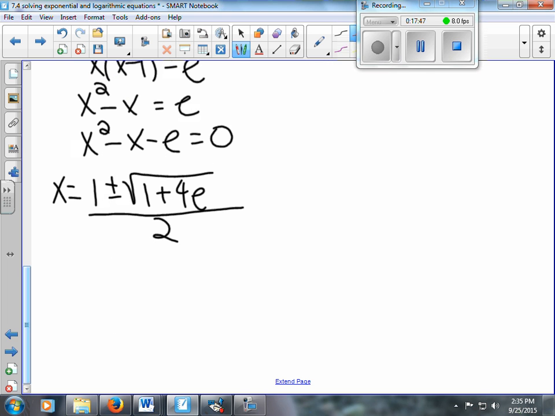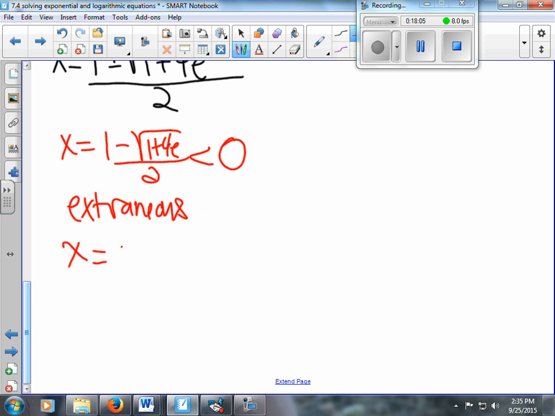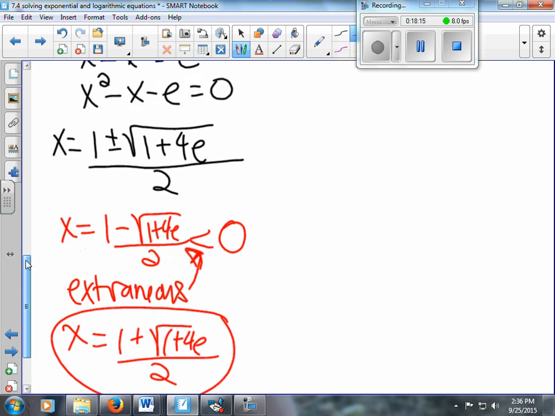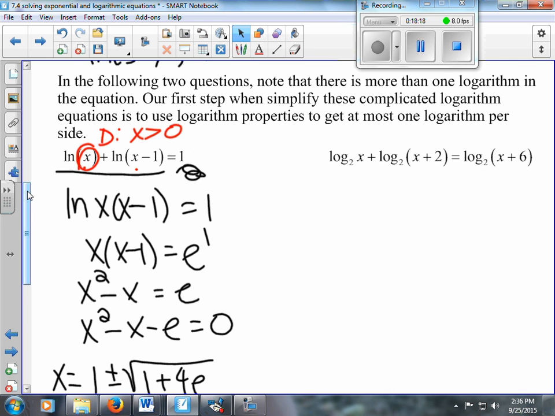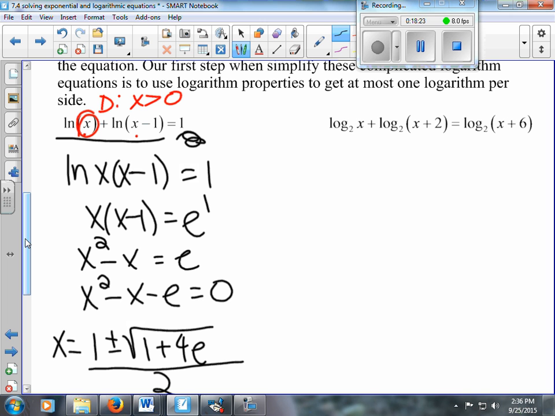And that means that down here in this solution, if I were to take 1 minus the square root of 1 plus 4e over 2, this is a negative number, and so this is extraneous and not a solution. And so the only solution is x equals 1 plus the square root of 1 plus 4e over 2. This one's extraneous. So you have to be careful with logarithmic equations to only solve for numbers that make you take the log of a positive number.